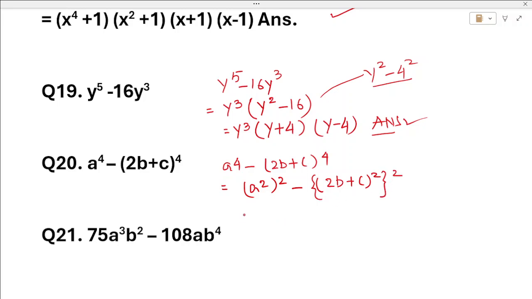Okay, now a square minus b square, so a plus b, this is a plus b. Okay, and a minus b would be a minus b, this is b, correct?